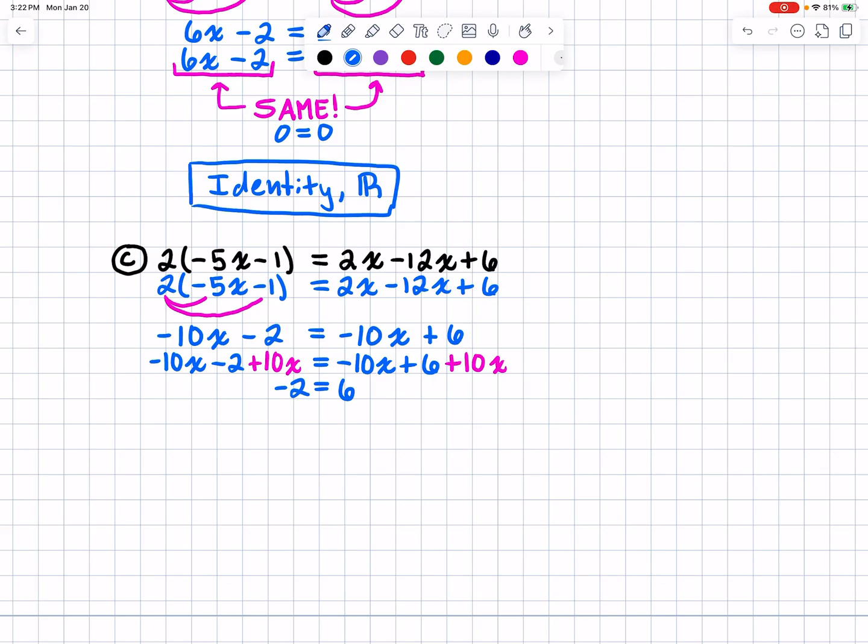Now, does negative 2 equal 6? Is there any way that this could be possible? The answer is no. Negative 2 can never equal 6. So this is what is known as a contradiction. It cannot be equal.